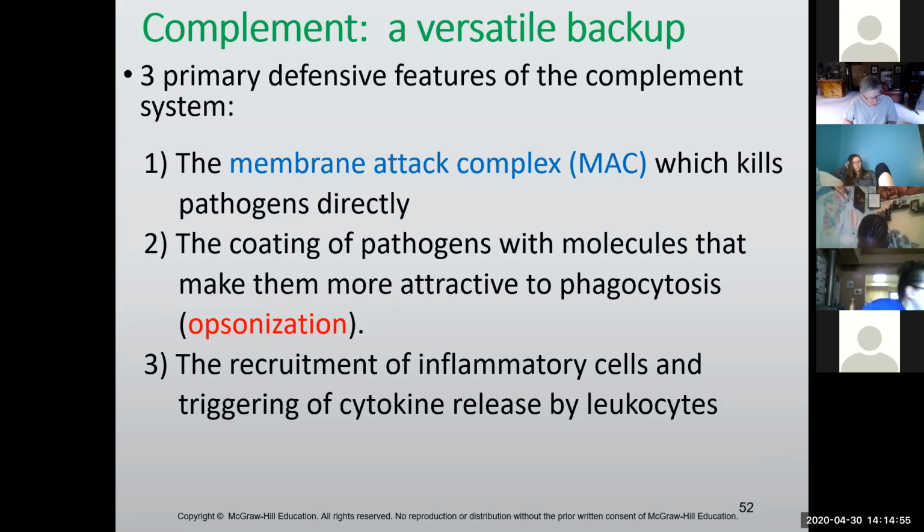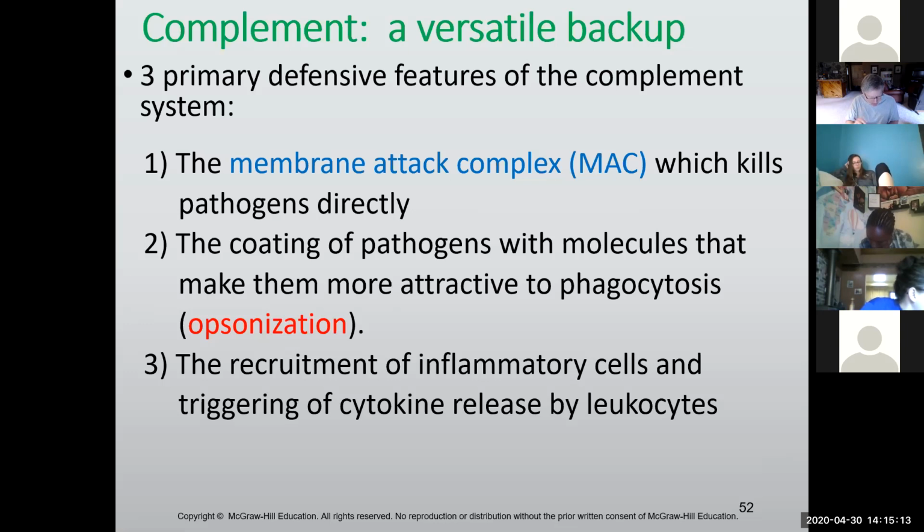Part C? Yep. C stands for complement, and then each of these complement proteins is given a number, basically. And so some of these complement proteins have to work in a particular sequence.